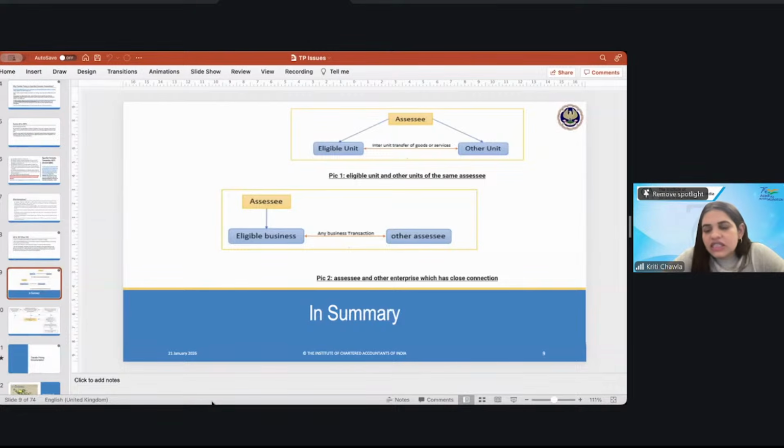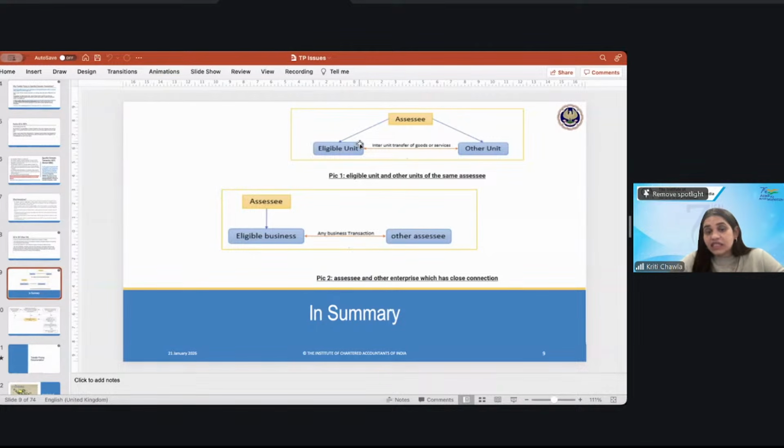Okay, so this is the slide that actually talks about the applicability of specified domestic transactions. If there is an assessee and the assessee has two units, an eligible unit and a non-eligible unit, and there is inter-unit transfer of goods and services between these two units of this particular assessee, then SDT provisions will be applicable.